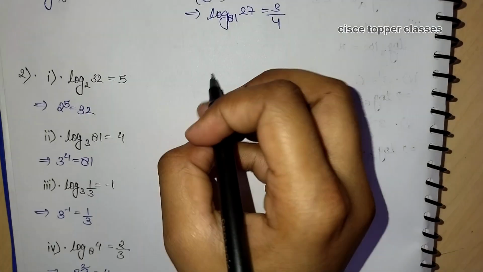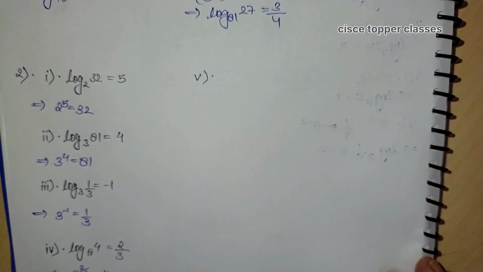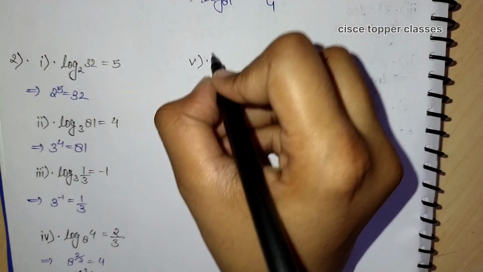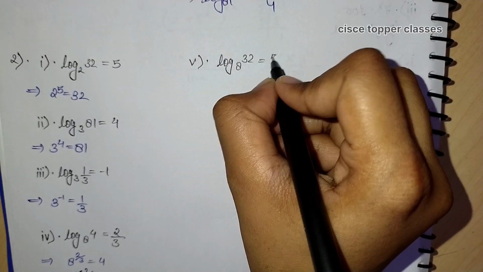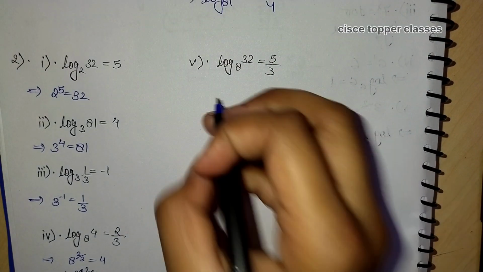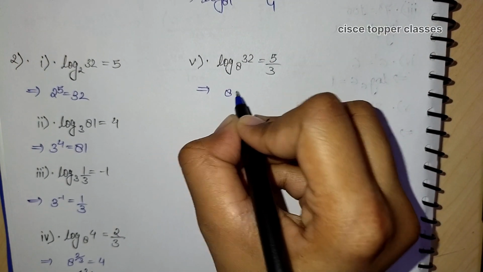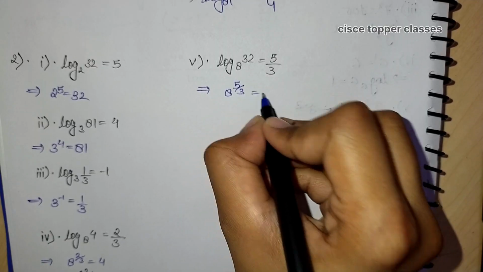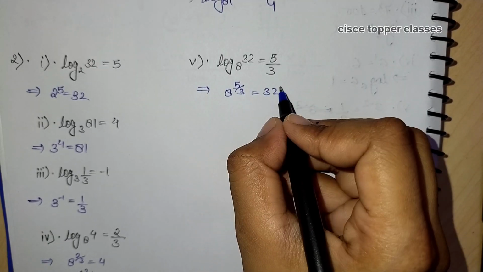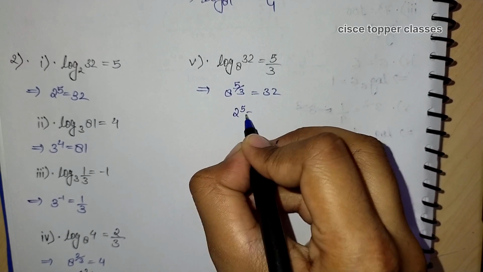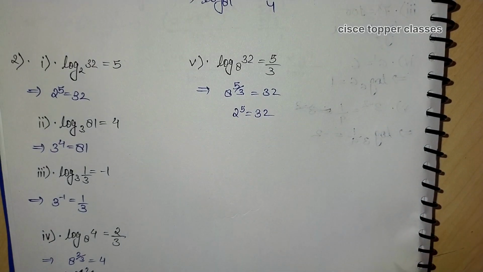Now the fifth part here is log of 32 with base 8 equal to 5 by 3. Again we can write this as 8 to the power 5 by 3 equal to 32 only. On simplifying also, we will get 2 to the power 5 as 32. So it will be 2 to the power 5 equal to 32 on simplifying.